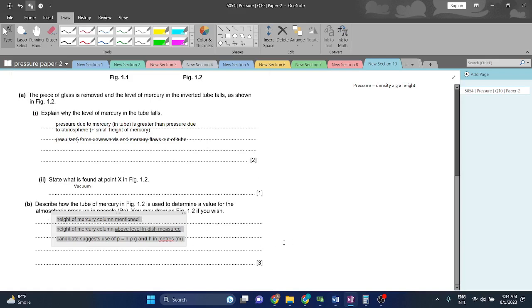Candidates suggest use of rho g h and h in meters. So yeah, h को meters में लेना है. Keep that in mind. आपने centimeters में नहीं लेना unless the examiner has asked you to give answers in centimeters.